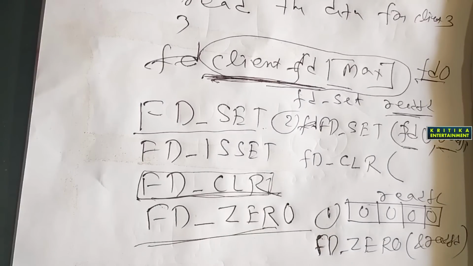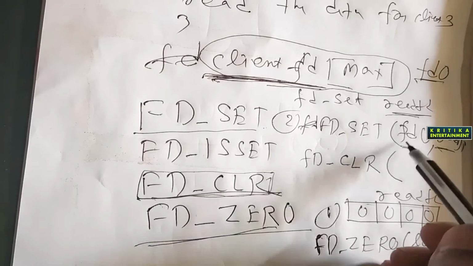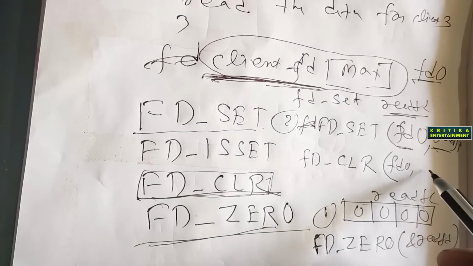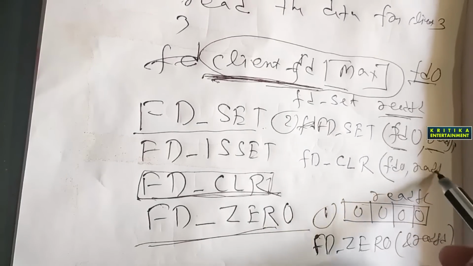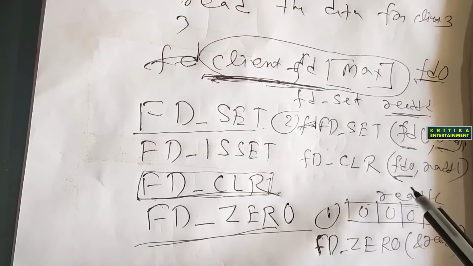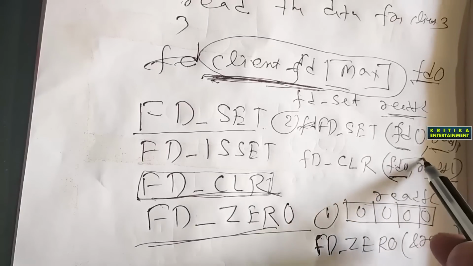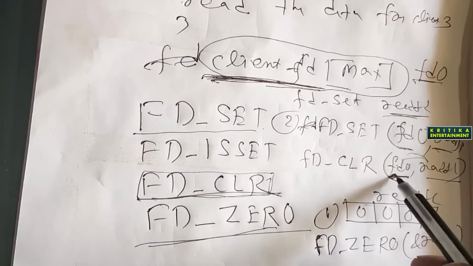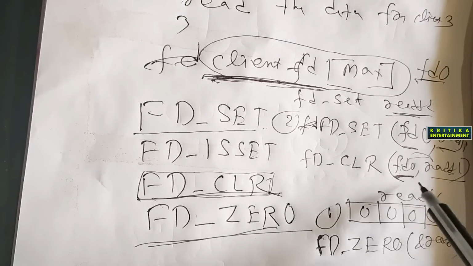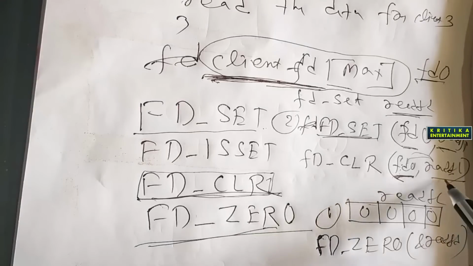You will write FD 0, read FD. That means this FD will be cleared from the read FD. That means this will be disconnected. That means this FD 0 is not presently in read FD. If you want to add it again, you can use FD_SET. So FD 0 will be right read.